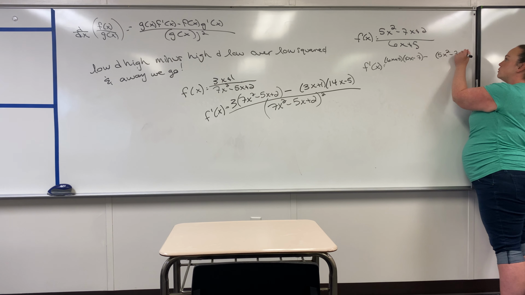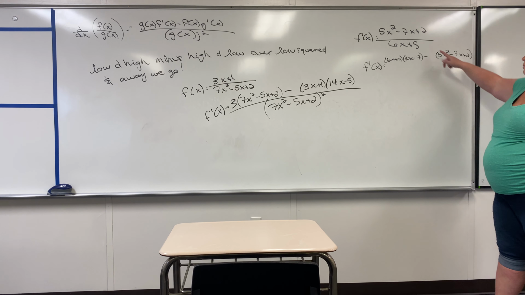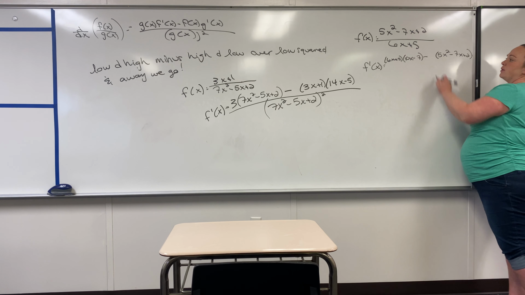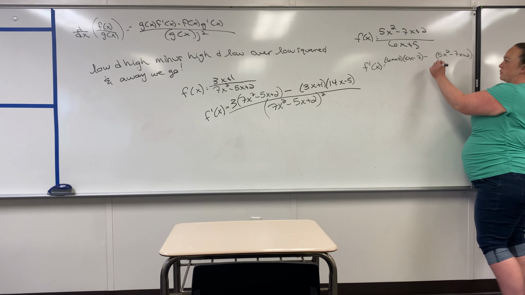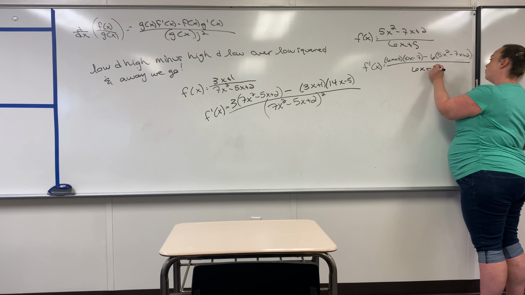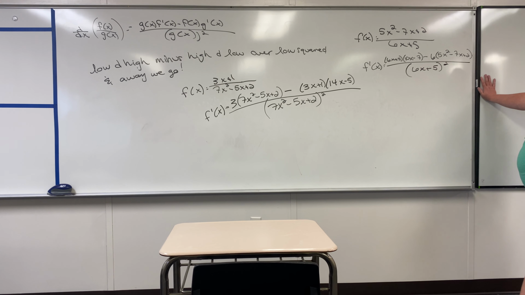And something to notice is I looked at my bottom, I realized the derivative was only 6. So I left some space here so I didn't have to try and adjust everything. Over your bottom, squared, and then you sum, and that's it, okay?